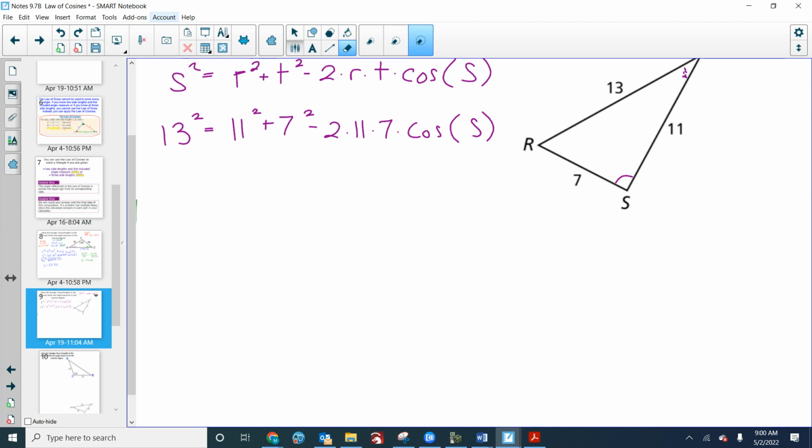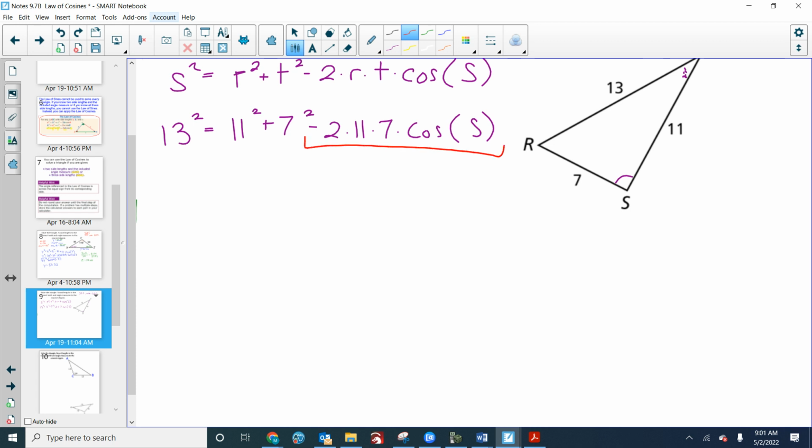The reason I'm showing you this is because what we're about to do is going to go in the calculator all together, and this is kind of risky, but it's worked well. S is the variable. The cosine of S is an operation. Cosine of S, that's together, times 7 times 11 times -2.